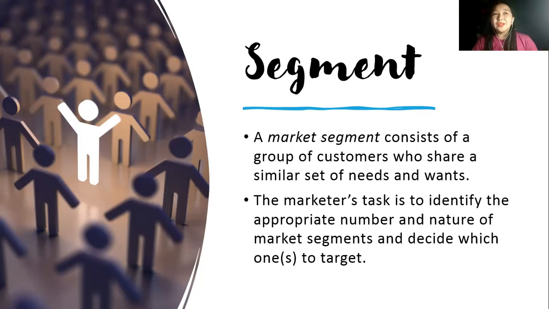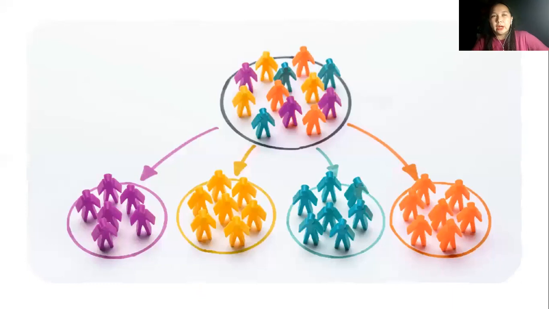The marketer's task is to identify the appropriate number and nature of market segments and decide which ones to target. As we can see in this diagram, this is a simple description of segmentation. It's all about classifying.